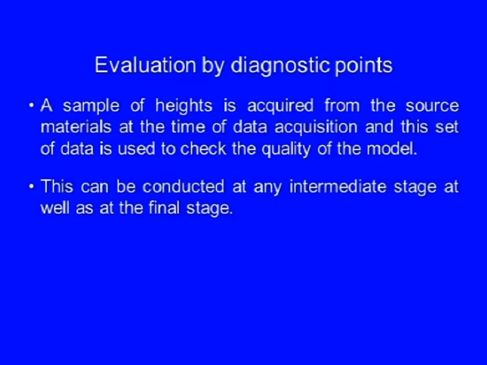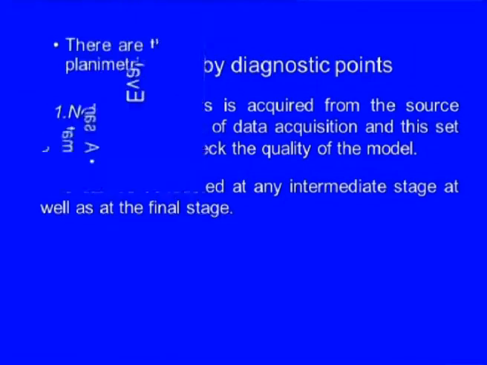The fourth approach is evaluation by diagnostic points. A sample of heights is acquired from the source material at the time of data acquisition, and this set of data is used to check the quality of the model. This can be conducted at any intermediate stage as well as at the final stage.